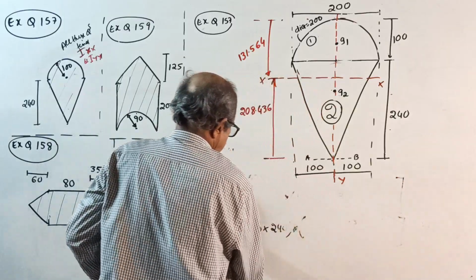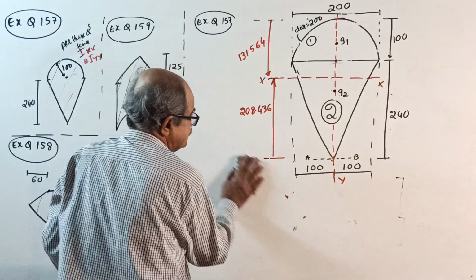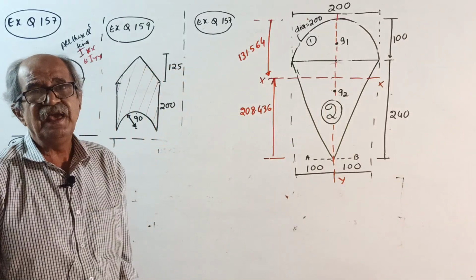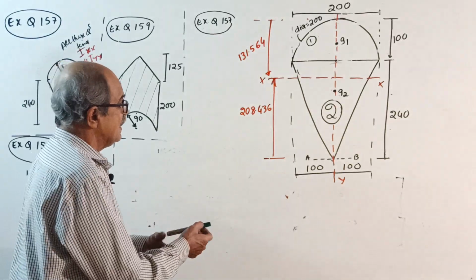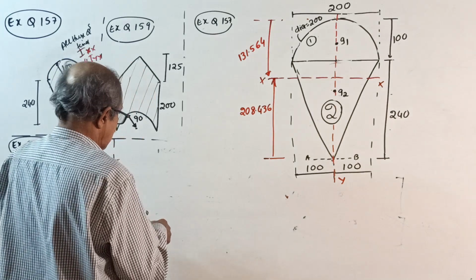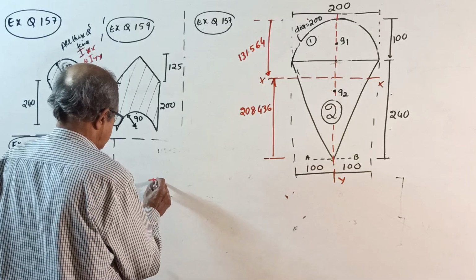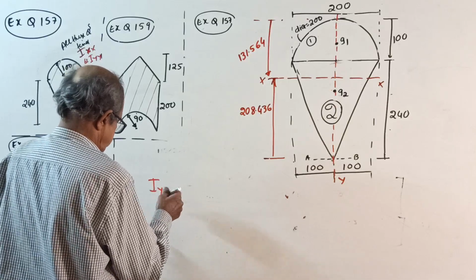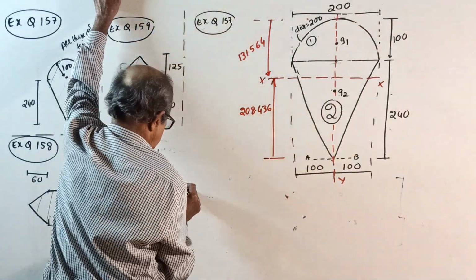Now, I about YY. See, now onwards, in our entire moment of inertia chapter, IG and area are easier. That h is the most important. So that's why I am giving red color for that one. Start IYY. First, about its own axis.